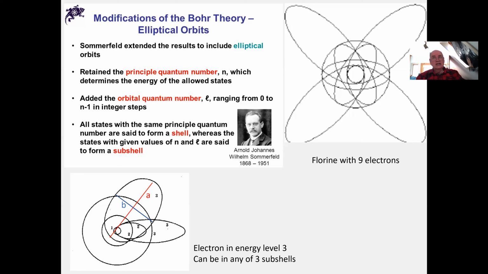He then orientates these, because these are, after all, three-dimensional. These are ellipsoids. They're not really ellipses, right? Like a tube, like the Goodyear blimp. These are three-dimensional objects, and not only do they have a different shape in terms of how long and wide they are, but also how they're orientated in space. And that also gets quantized by Sommerfeld.